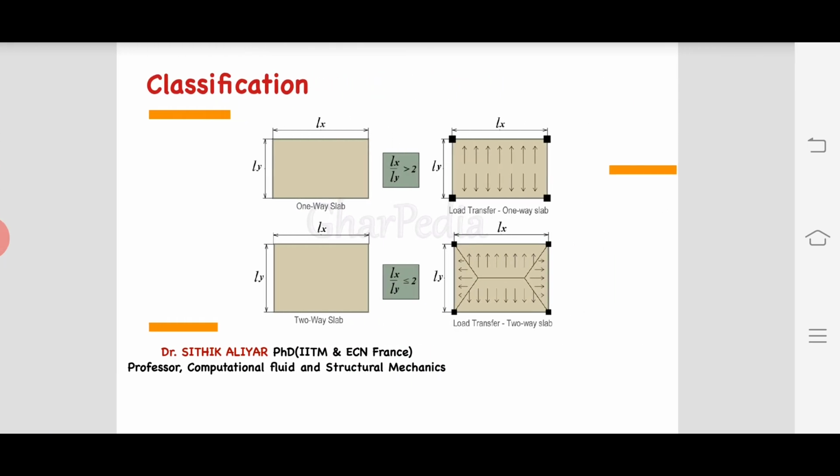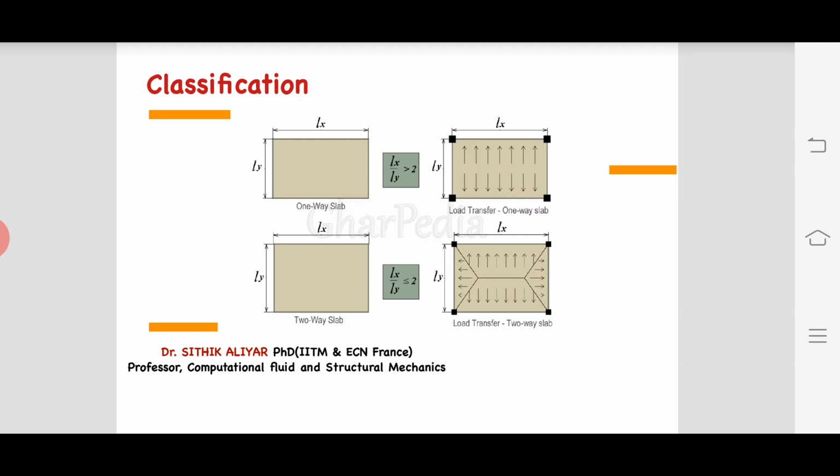The next topic is classification. If you are still a college student, you would have studied the two names, one way slab and two way slab. This is the figure for one way slab and two way slab. In most cases, a one way slab is a rectangular slab where the ratio lx by ly is greater than 2, considering the longer direction as the x direction.